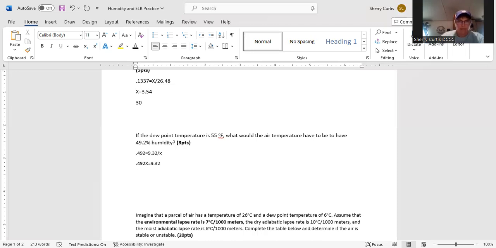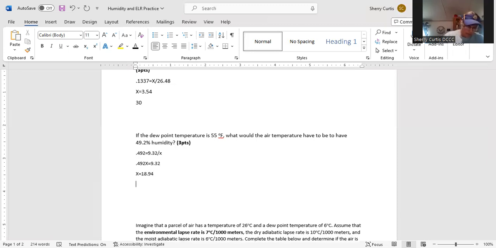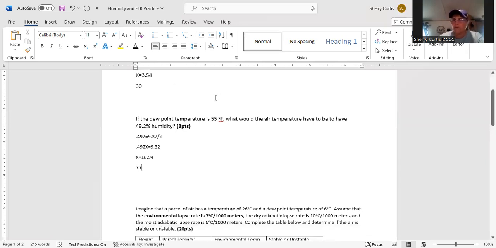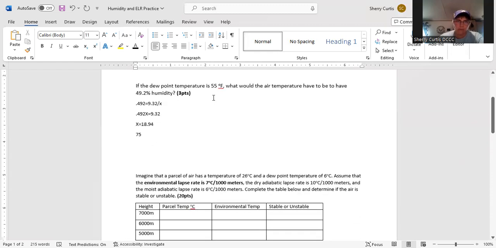And then I have to divide both sides by 9.32, and this gives me 18.94. And if I go back to the table, 18.94 is 75 degrees. I hope this helps out a little bit. You basically work it the same way, you're just solving for a different variable.